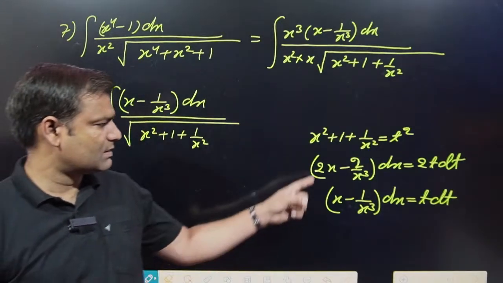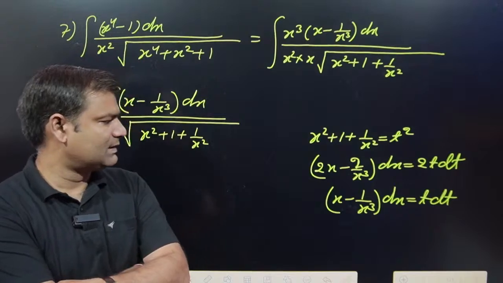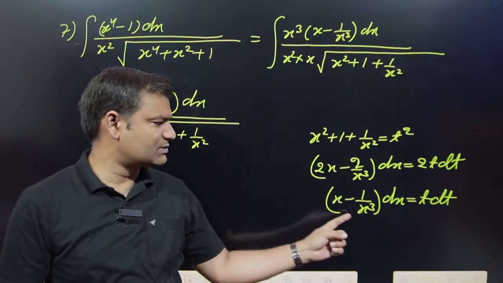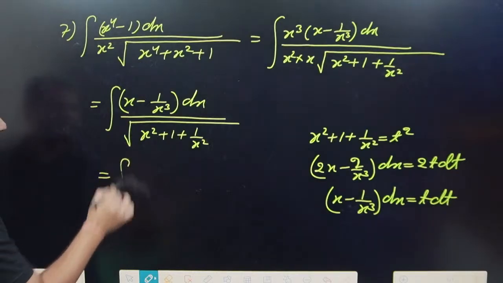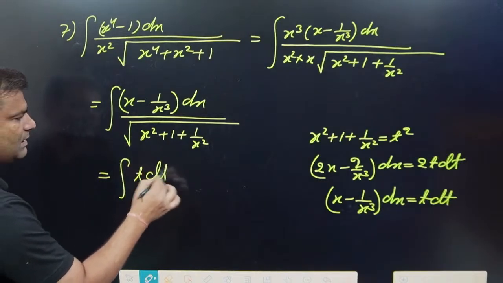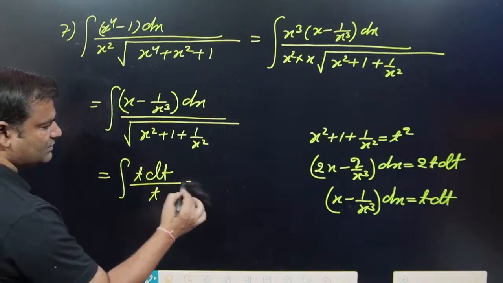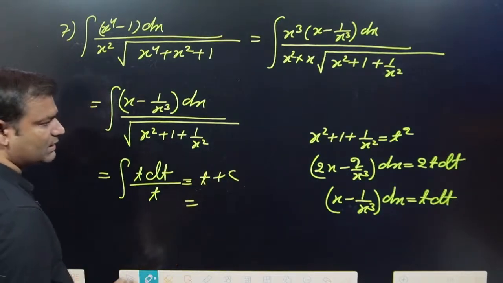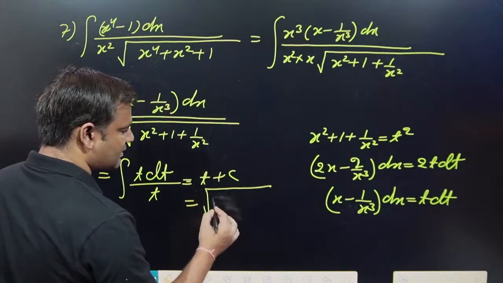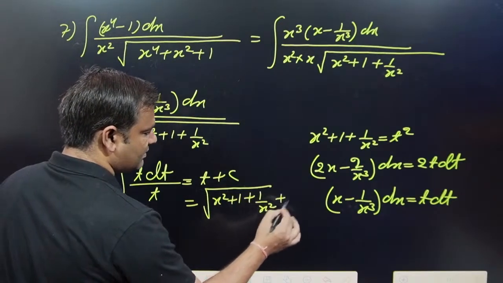Simply written like that one. After that, this one is replaced by t dt and this one is replaced by t square, so under root t square is basically t, so that is t plus c. Final answer is, what about t? T is basically x square plus 1 by x square, plus c.